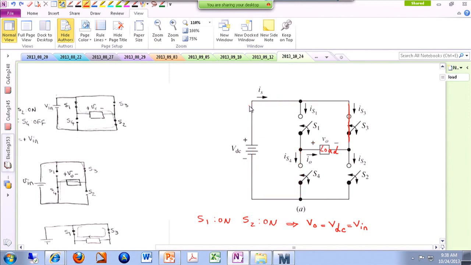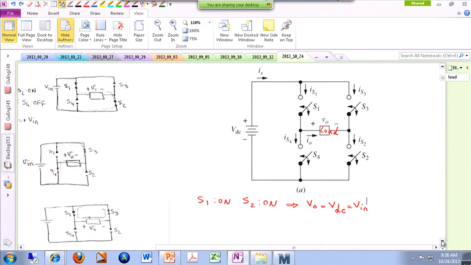So if you turn S3 on and S4 on, we can apply a negative voltage to our load.